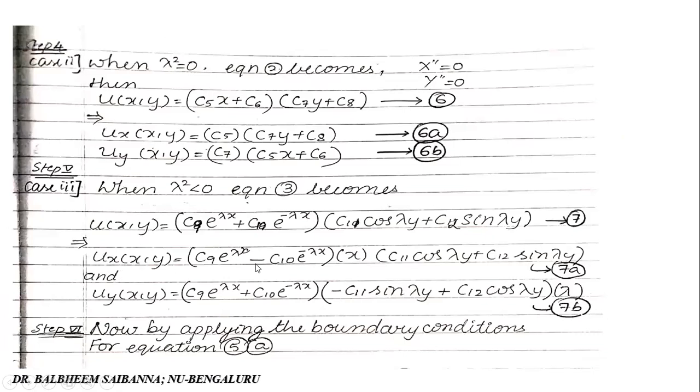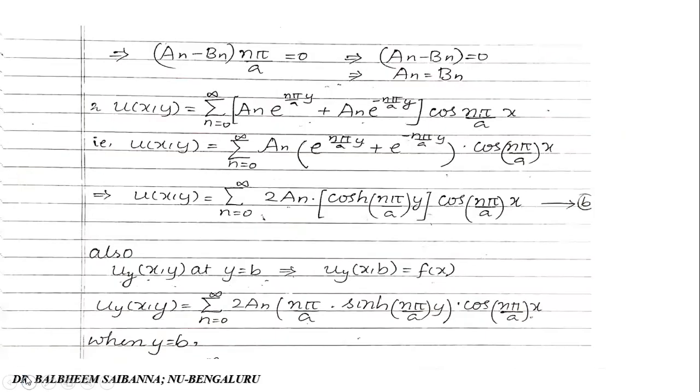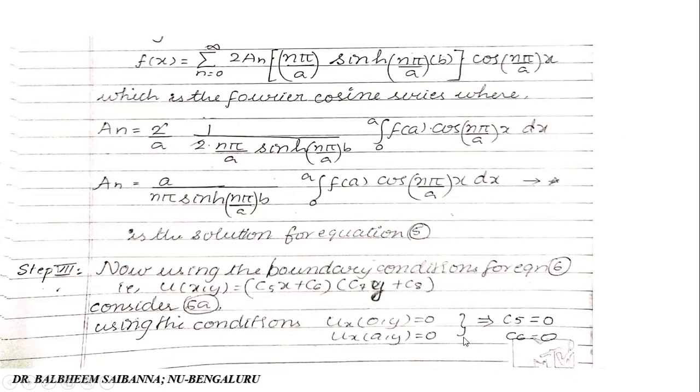This one, ux of (x, y), equation 7a. Using the boundary conditions x is equal to 0, x is equal to a, we'll get c5 is 0, c6 is 0.